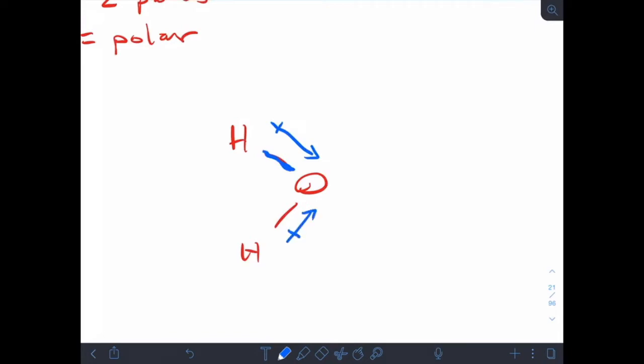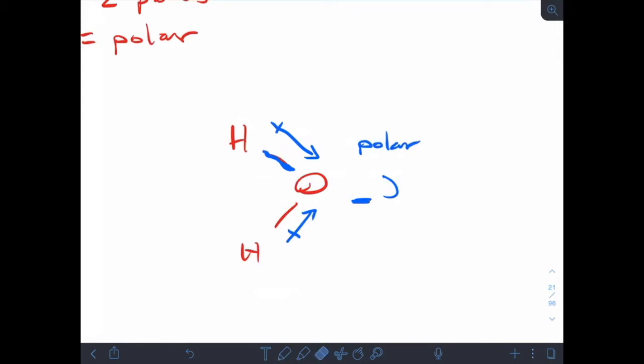And we know because water is bent, that there's a net pull in this direction. So this means a polar molecule, right? And remember, our arrow points in the direction of the negative charge. So the negative is over here, and the positive is over here, right?